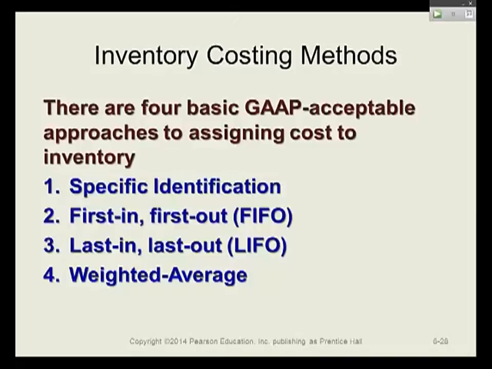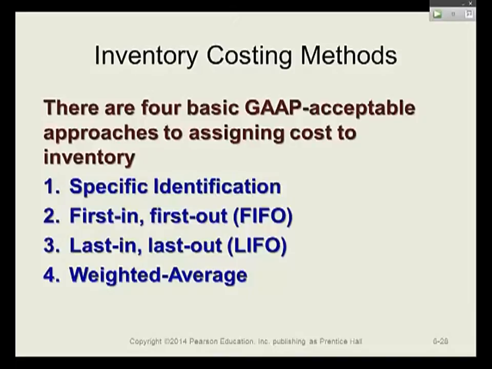More likely you'll use something known as FIFO, first in, first out, last in, first out, or weighted average. My objective, our goal today, is to be sure that we understand not only how these methods work, but number one, why they're used or when you're going to see them in practice, and secondly, how they affect income and the balance sheet. Because when you look at that scale again, what do the scales say?